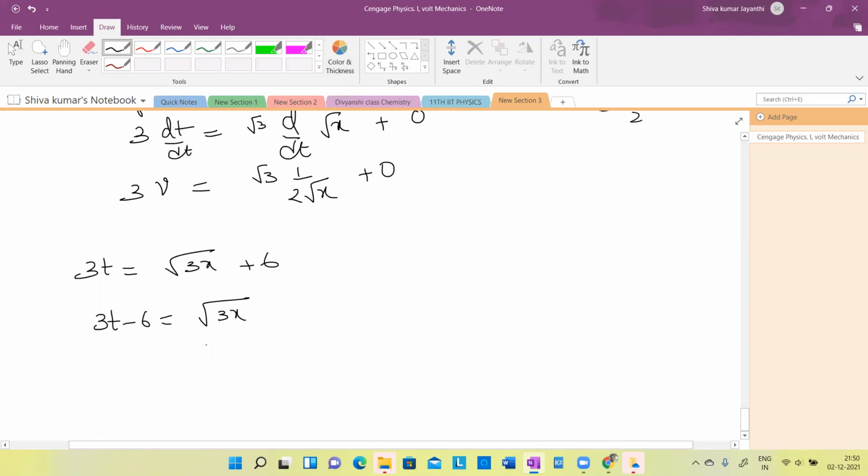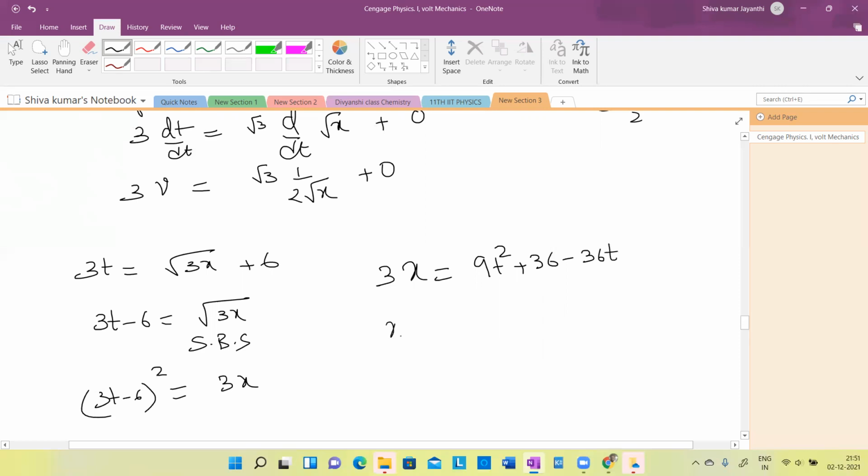So now we'll get squaring on both sides. What do you get? (3t minus 6) whole square is equal to 3x. Now you got an equation in terms of x. 3x equal to 3t square means what? 9t square plus 36 minus 36t; 6 threes are 18, 18 twos are 36.